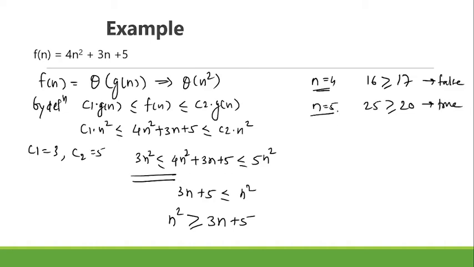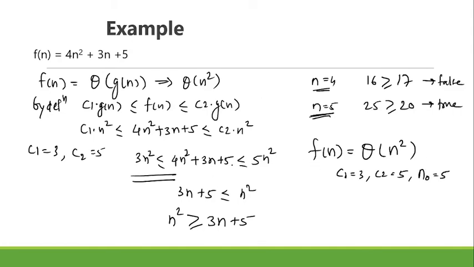So that's the value of my n0. Hence proved. I would say f of n is equal to theta of n square, and that is possible for c1 equal to 3, c2 equal to 5, and n0 also equal to 5. Okay, so that's how we'll be able to show the example.